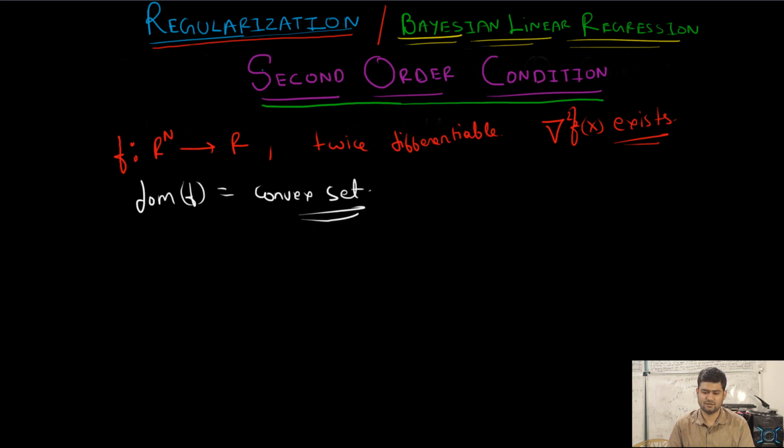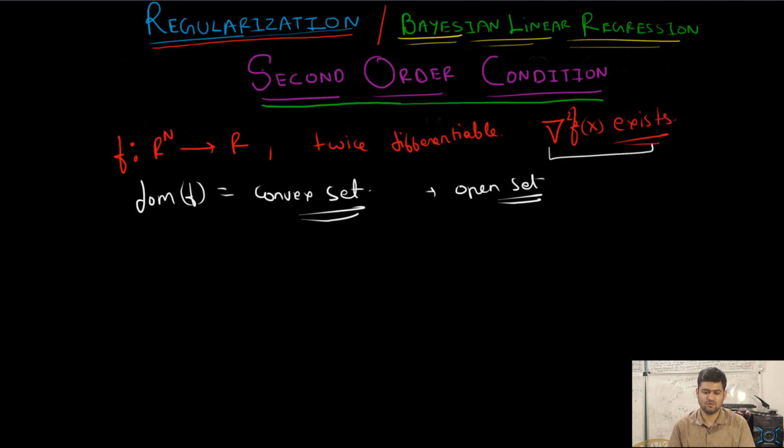And the Hessian or the second derivative exists at each point in the domain of the function, which means that the domain is an open set. Only then will the second derivative exist at each point in the domain of the function.